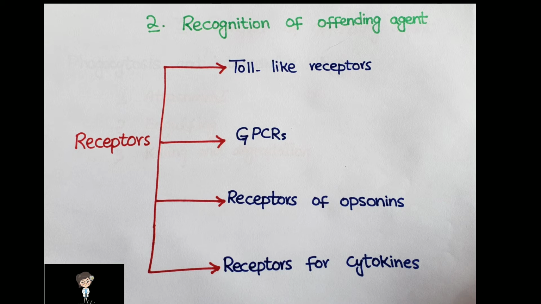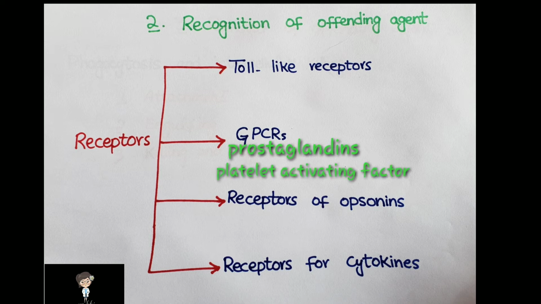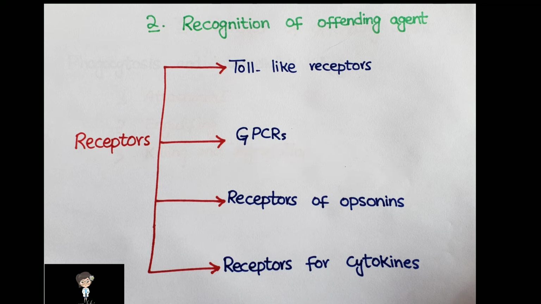G-protein coupled receptors usually recognize substances produced by hosts such as prostaglandins, platelet activating factor, and leukotrienes. Receptors of opsonins include proteins which coat bacteria during opsonization, such as antibodies and complement proteins, while receptors of cytokines bind cytokines which help against microbes.